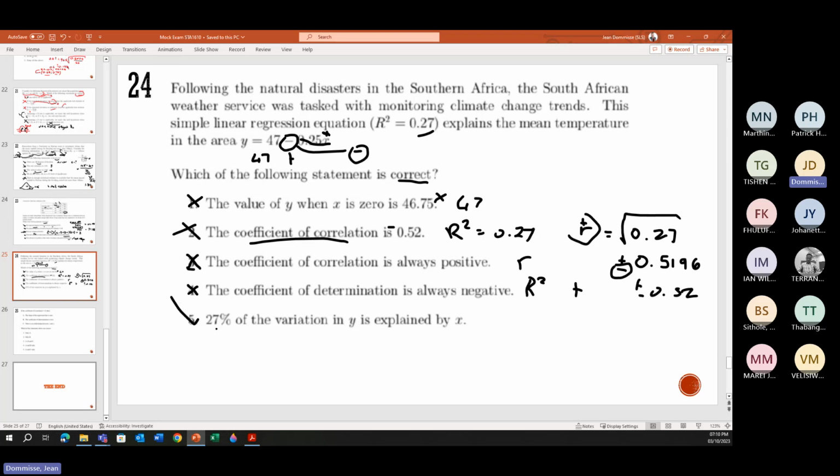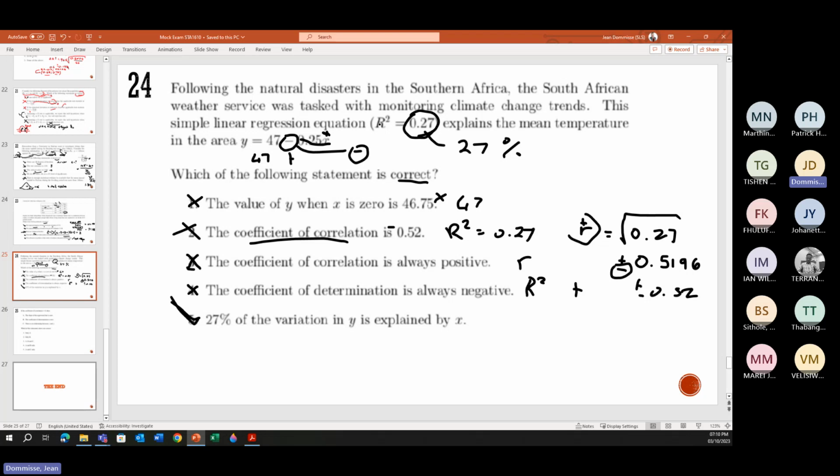So 27% of the variation in y is explained by x, which is correct. If we translate that into percentage, that is 27%. Again, you can look at the definition of the R square.